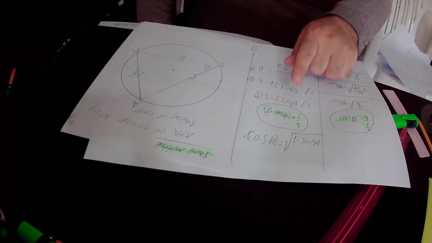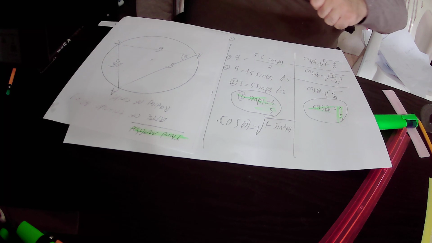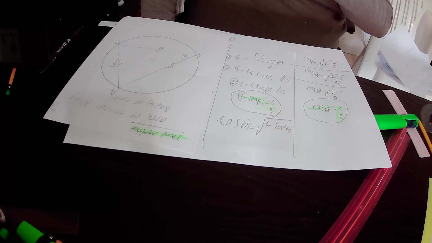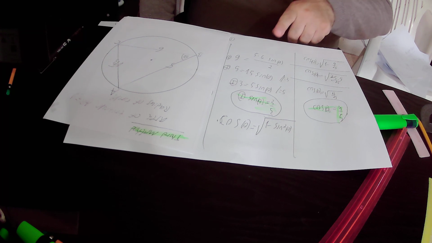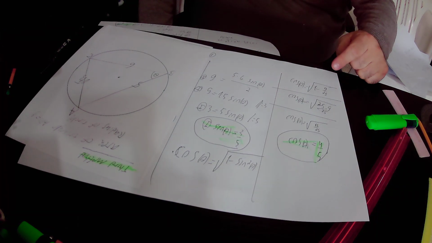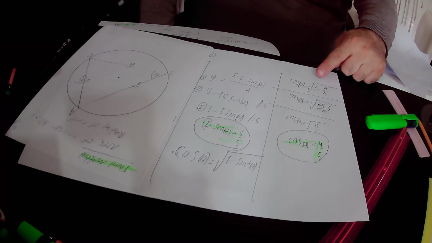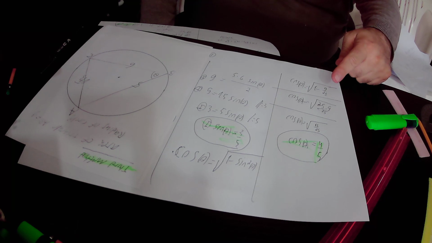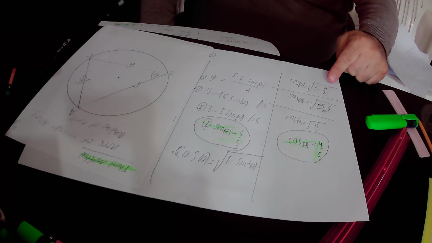We have the trigonometric identity that cosine theta equals the square root of 1 minus sine squared theta. So here, if sine theta equals 3/5, then sine squared theta will be equal to 3/5 squared, that is 9 over 25. Then we wrote 1 as 25 over 25 in order to have a common denominator with this expression.